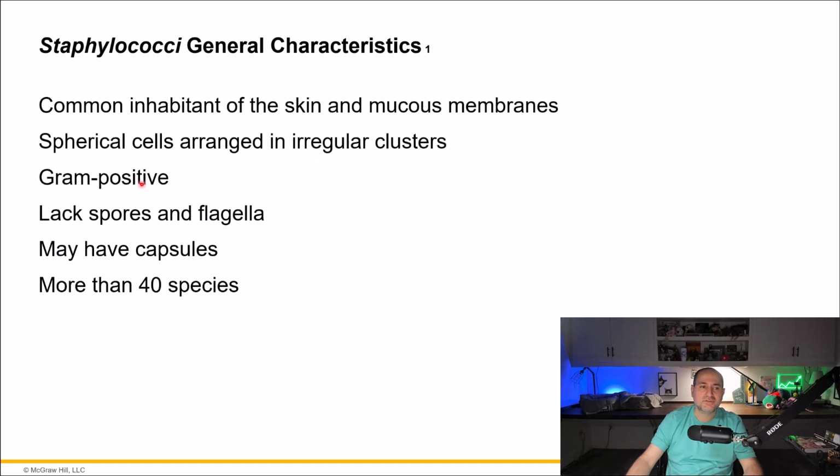They are gram-positives. And remember, one thing I need you to remember is this. They are catalase positive. Remember the catalase test. They are catalase positive. Whereas, do you remember the streptococcus are catalase negative? That's one way of easily telling them apart.